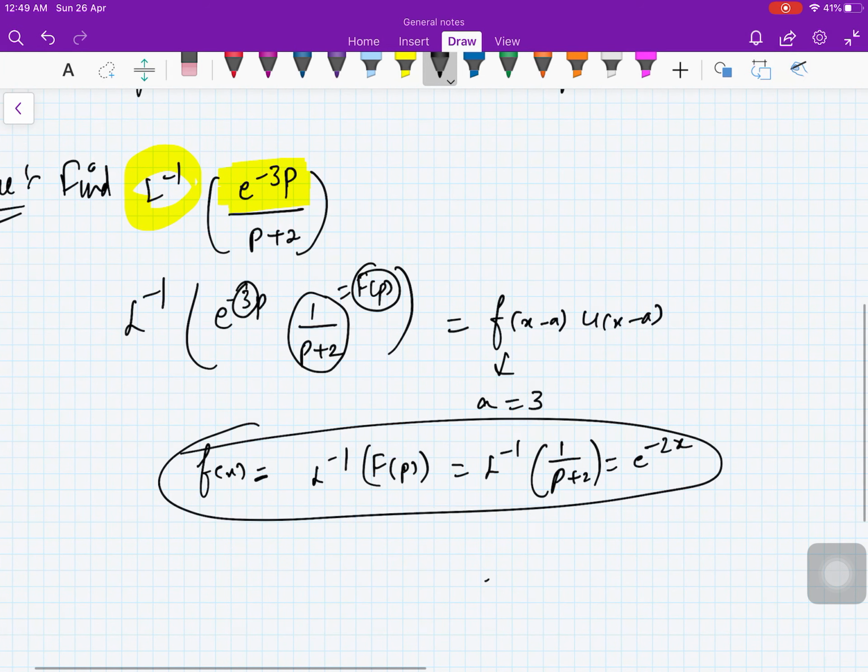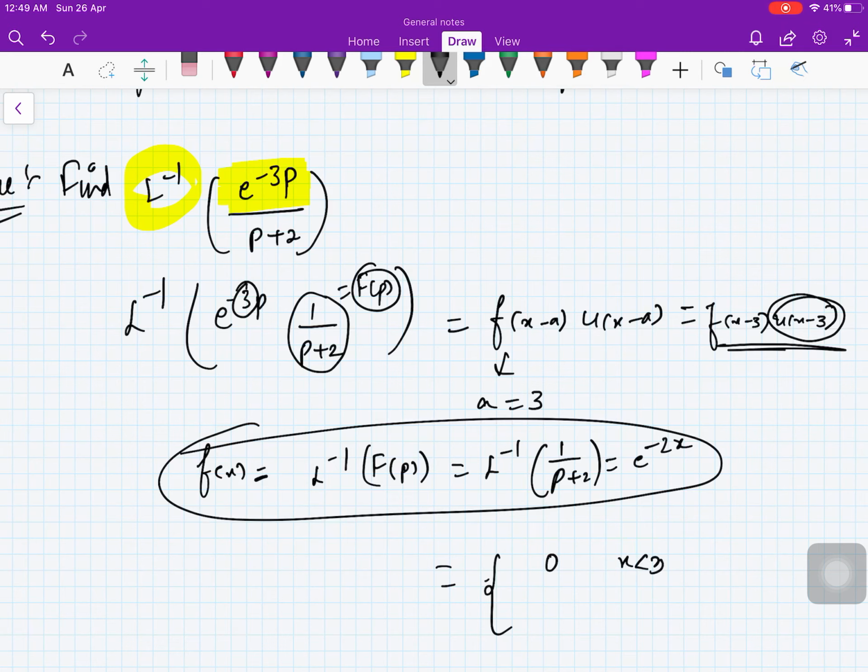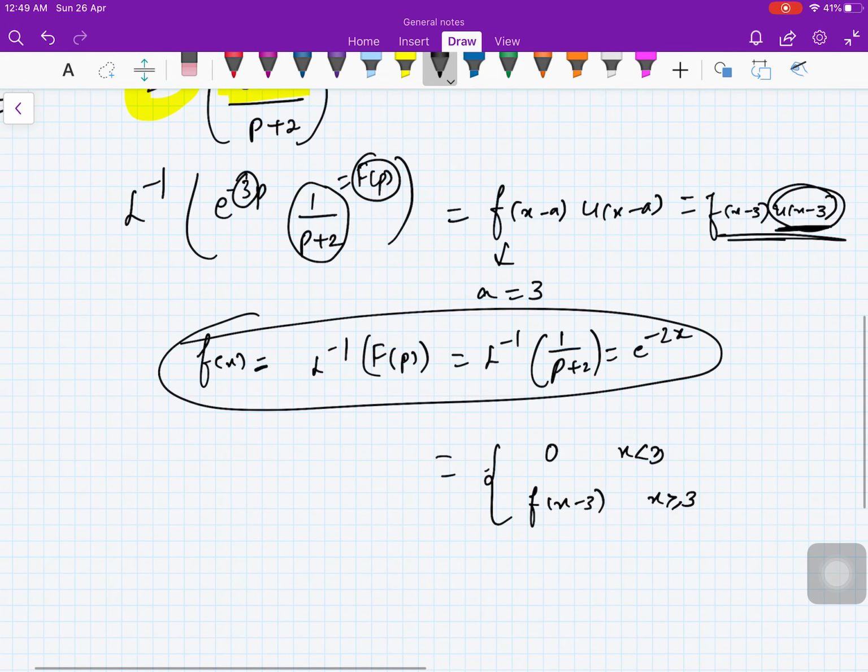Fine. So this is equal to f of x minus 3, u of x minus 3. This function is 0 for x less than 3, and it is f of x minus 3 for x greater than or equal to 3, and your f of x is e raised to minus 2x.